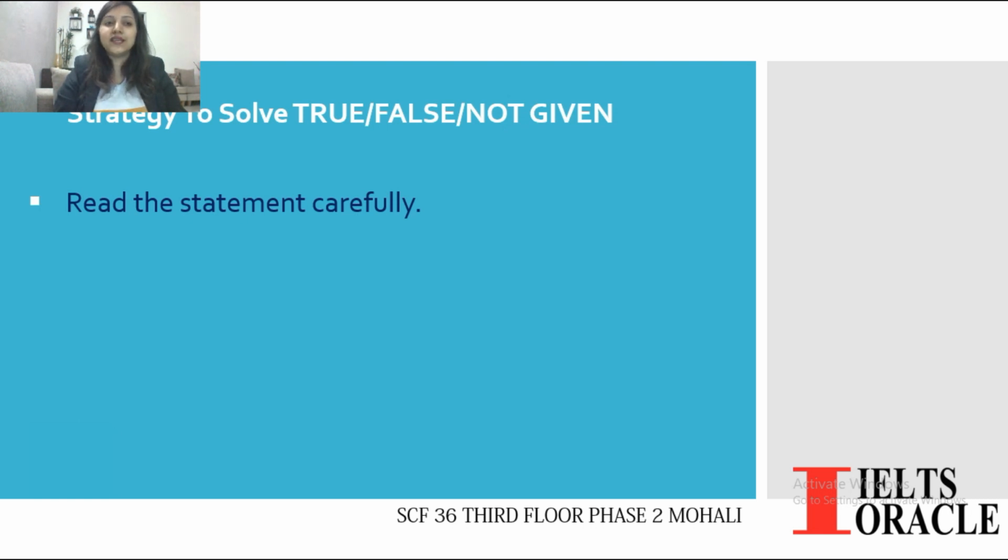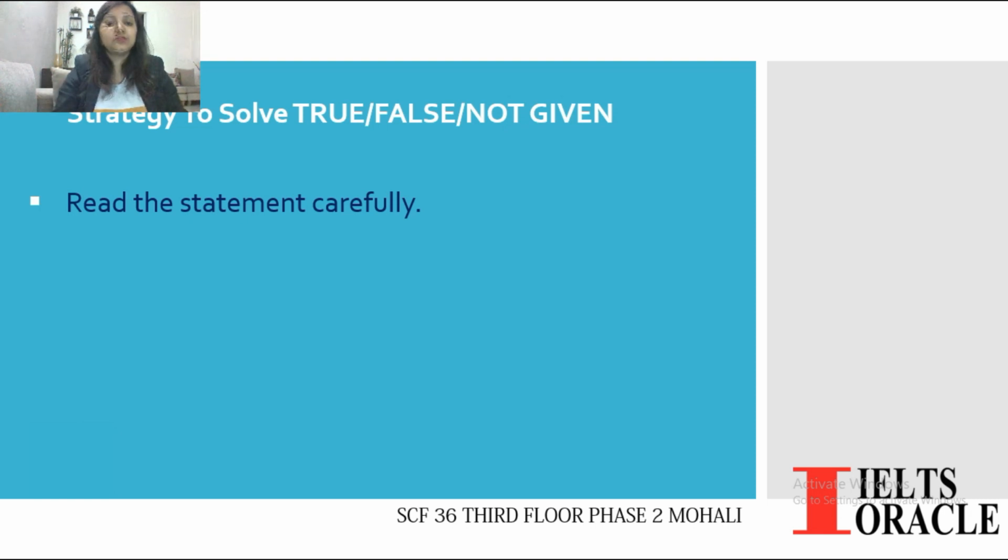Most students can locate the answer, but they opt for the wrong answer. Why? Because they haven't understood the question completely and are just relating the keywords. So we are not going to focus only on the keywords. We'll read the entire statement very carefully so that we get the correct idea of what the examiner is asking us.